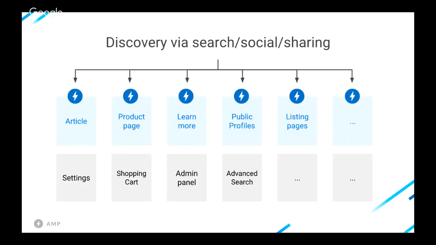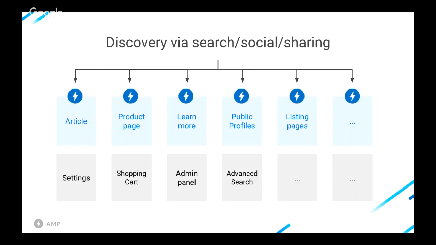So with that in mind, what we talk about when we talk about combining AMP and PWA is that AMP is a very good entry point to your site, whether it's an article, a product page, a profile, or a listing page. Whenever people come to your page through search, social, sharing, advertising, a landing page, they should land on an AMP page, because that's very fast, very simple, very lightweight.